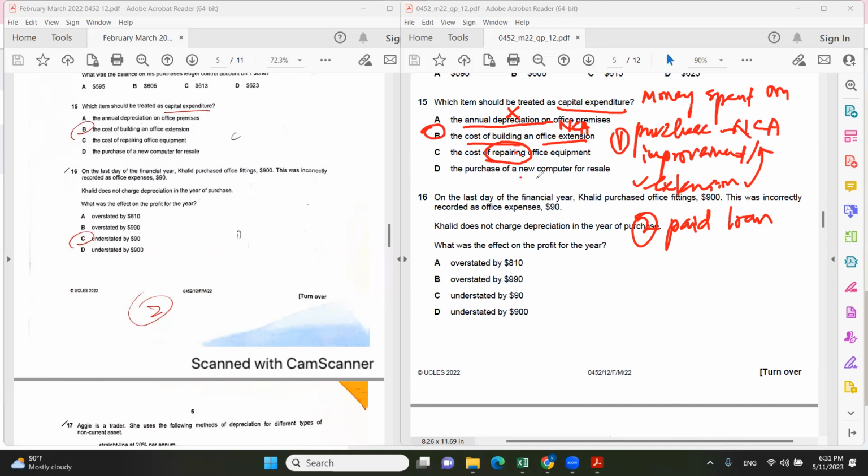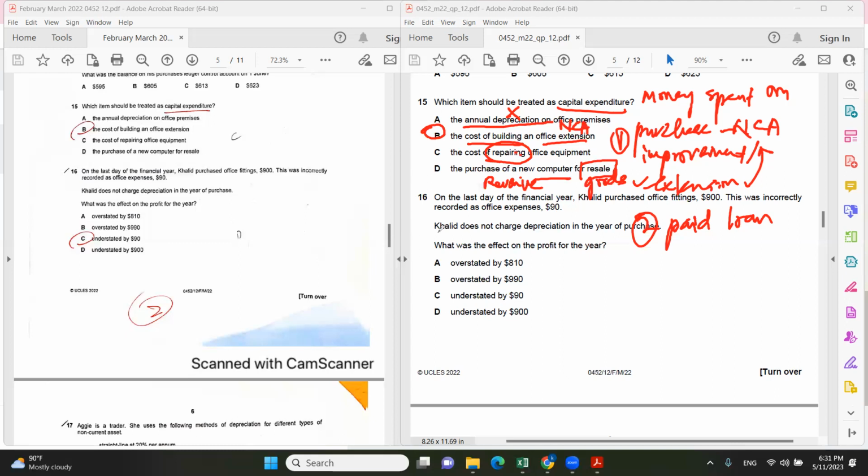Purchase of a new computer, but behind it there is one word, resale. Resale means goods: your business buys computers and sells computers. This is considered revenue expenditure, not capital. So take notes of the differences.